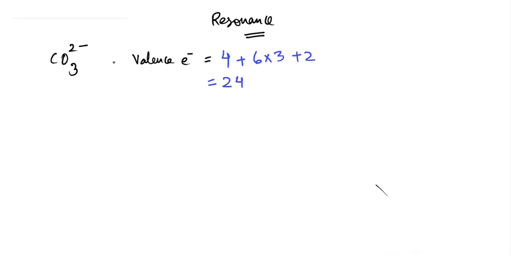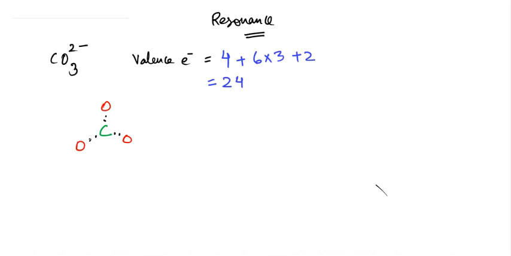Now the next step in drawing the Lewis structure is deciding the central atom. Here the central atom is carbon and the outer atoms are oxygen, and there will be at least 2 electrons between each oxygen atom and the carbon atom.